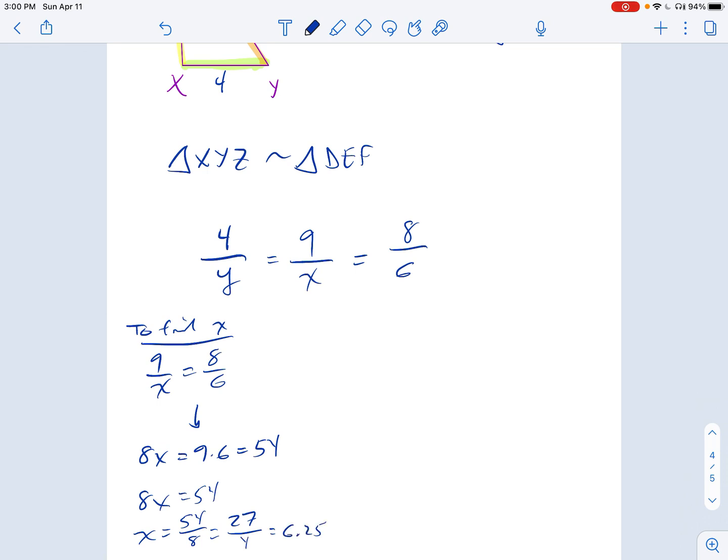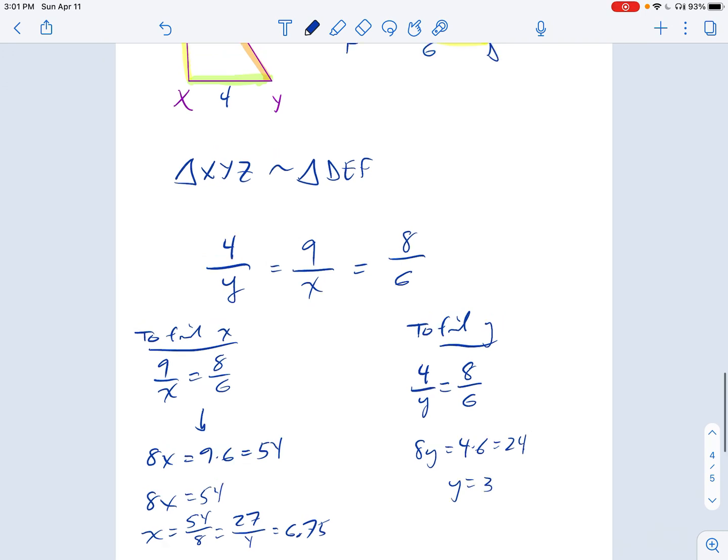Nope, sorry, that's not 6 and a quarter. That is 6 and 3/4. To find y, we could say 4 over y is equal to 8 over 6. Cross multiply, 8 times y equals 4 times 6, which is 24, and y is equal to 3.